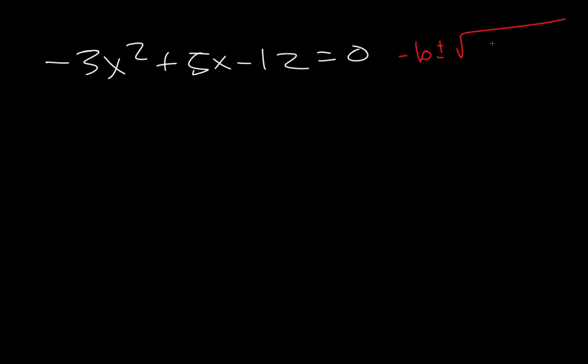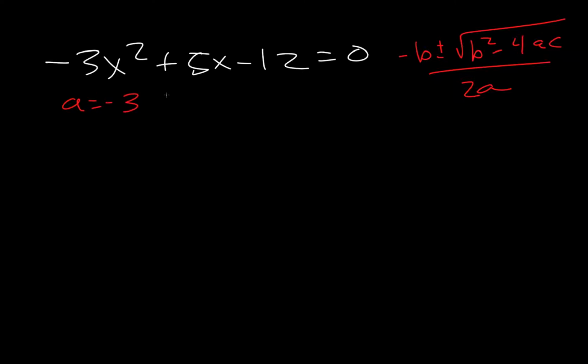Now let's try another one. So let's say -3x squared plus 5x minus 12 equals 0. Okay, once again, we write down the quadratic formula, which is -b plus or minus the square root of b squared minus 4ac all over 2a. We pull out our a, b, and c.